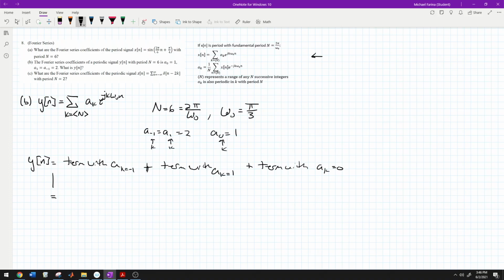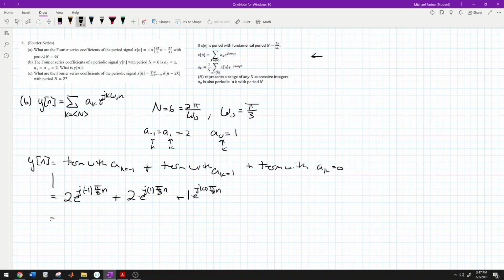So we do that and we get, when k is equal to negative 1, then a of k is equal to 2, and it's e to the j negative 1 times omega naught, which is pi over 3, times n. And that's going to be added to 2 e to the j 1 pi over 3 times n, and then plus 1 e to the j 0 pi over 3 times n.